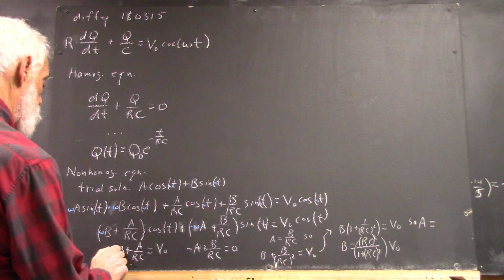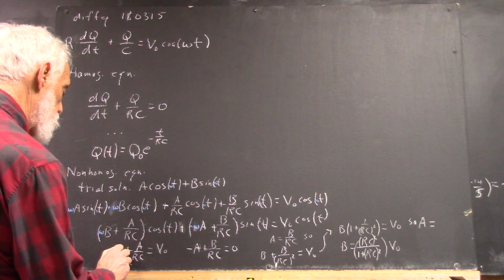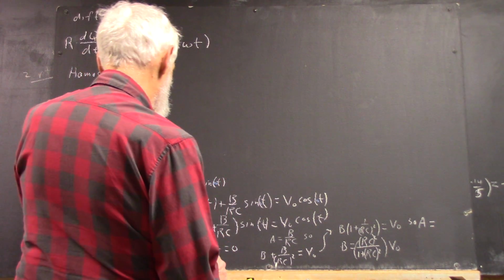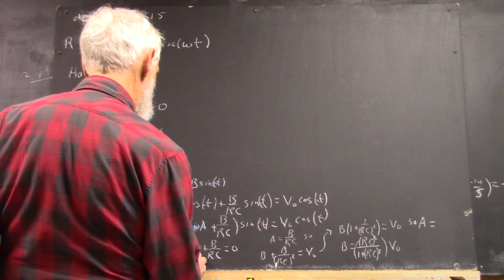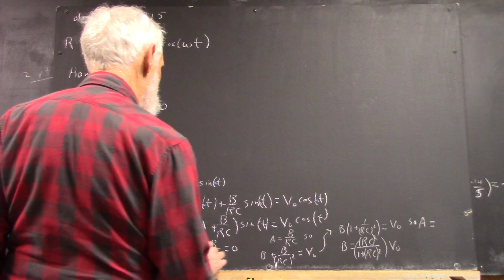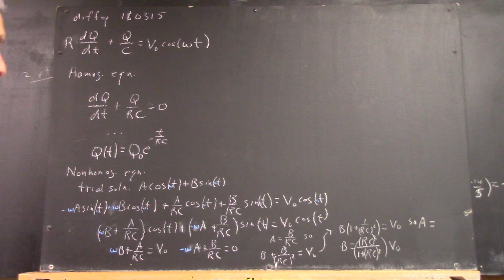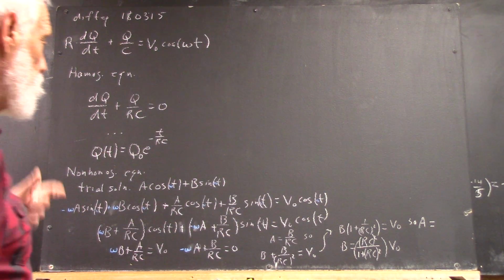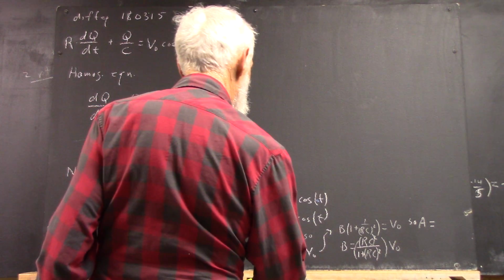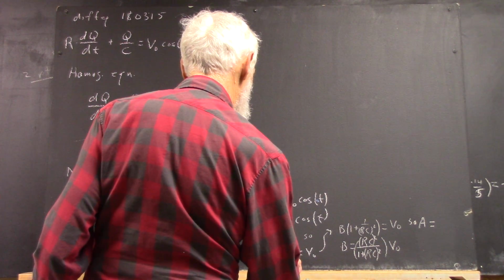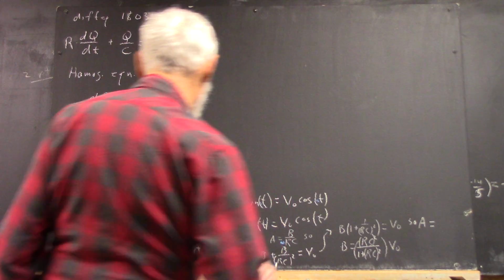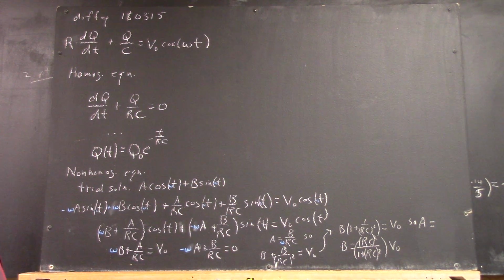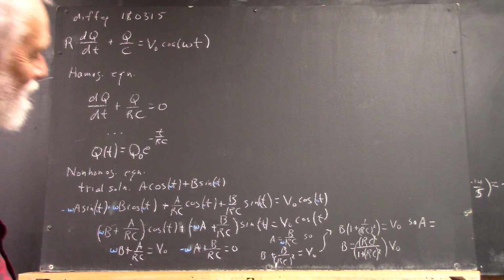So my equations here become omega B plus A over RC and negative omega A plus B over RC. So that A equals B over omega RC. And I hope this is going to work.